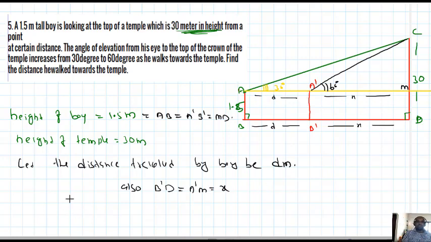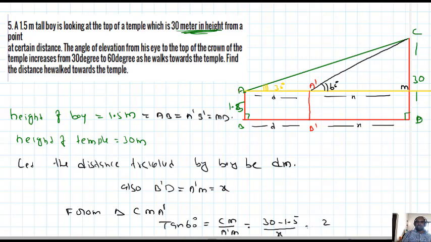Okay, so from triangle CMA dash, tan 60 degrees equals CM by A dash M. CM is 30 minus 1.5 by A dash M is x, that is 28.5 by x.